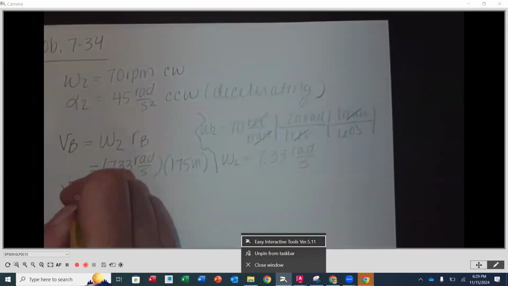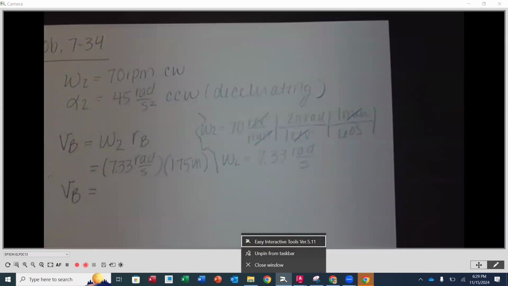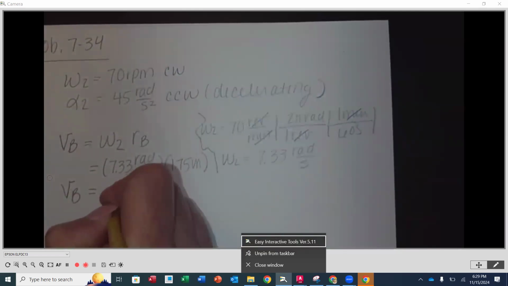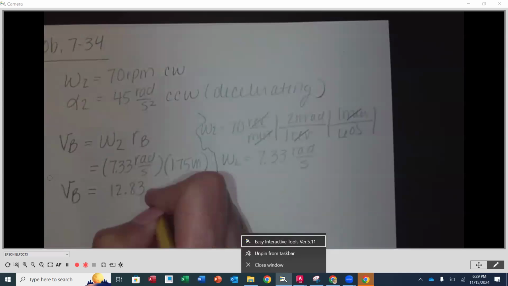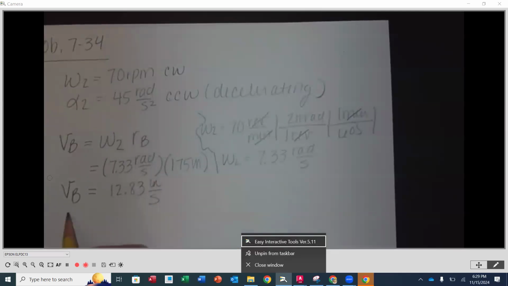Okay. So my velocity at B, what do we get for that? 7.33 times 1.75. Yep. So 12.83, and that's going to be inches per second.